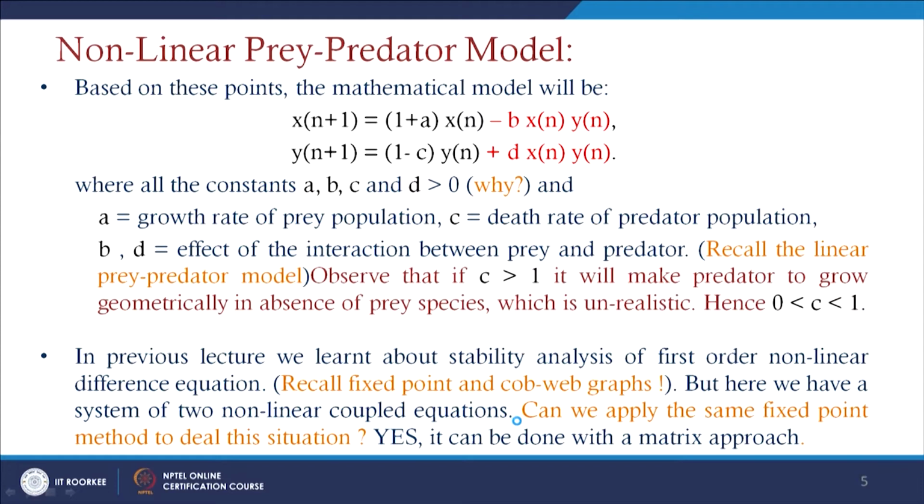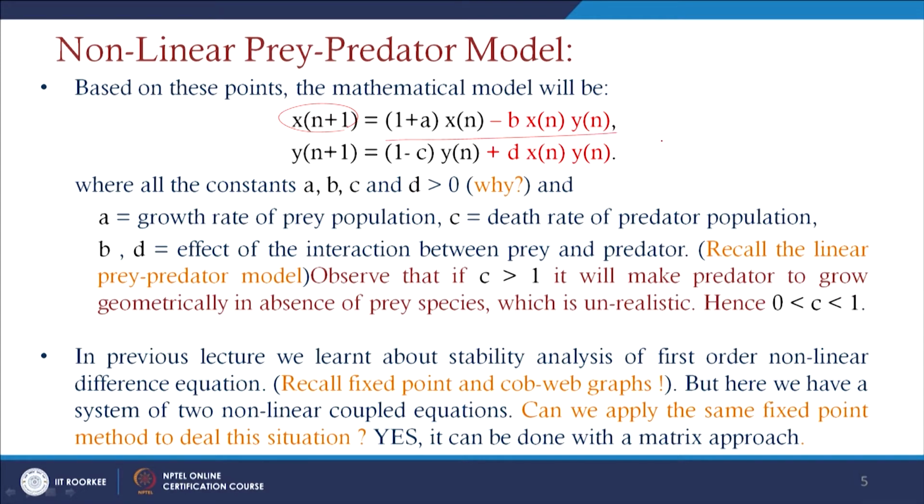Based on these points, suppose we construct the mathematical model in the form x_{n+1}, the prey population at time level n+1, which depends on (1 + a) x_n minus b x_n y_n.